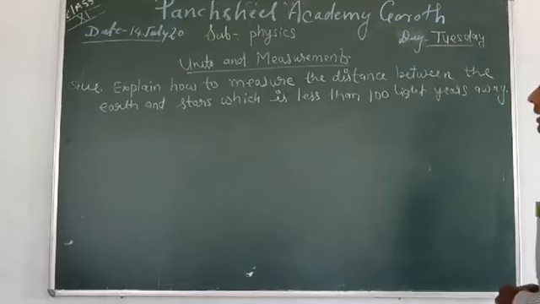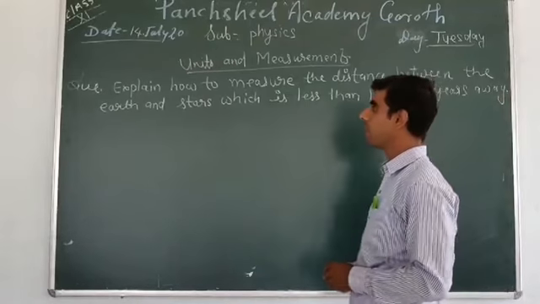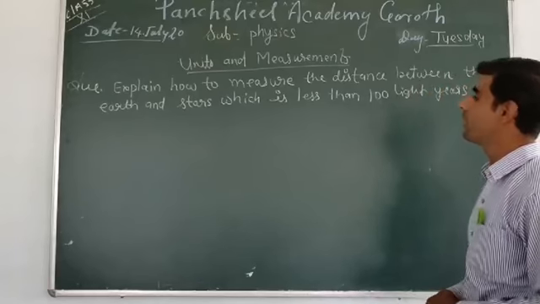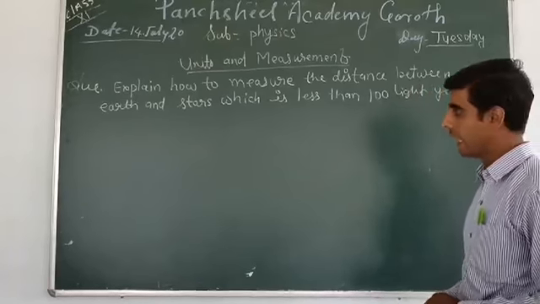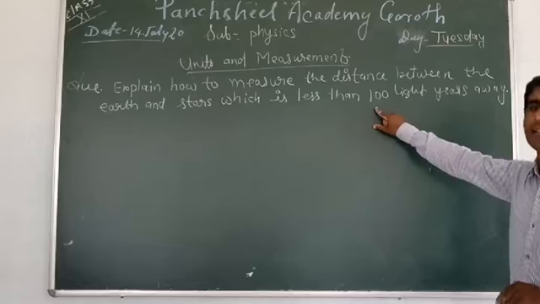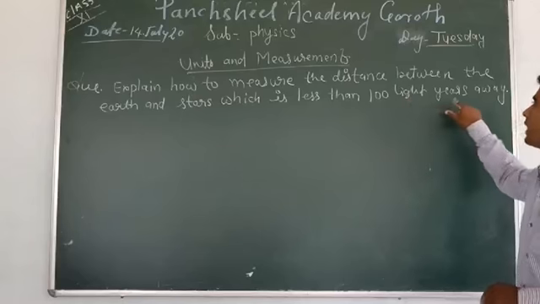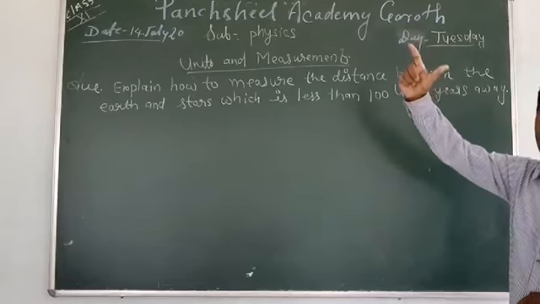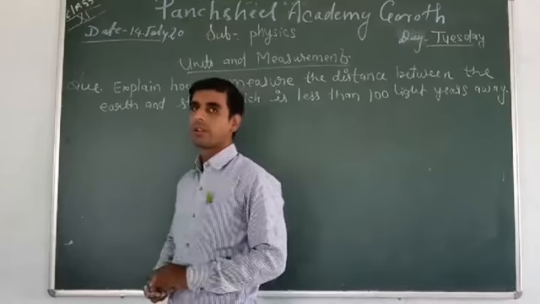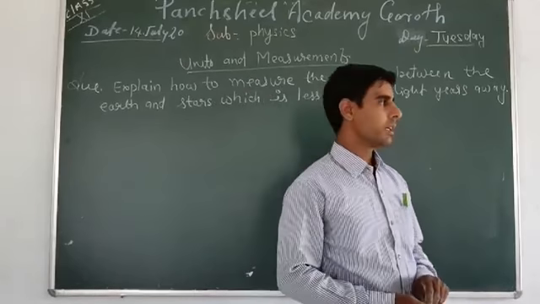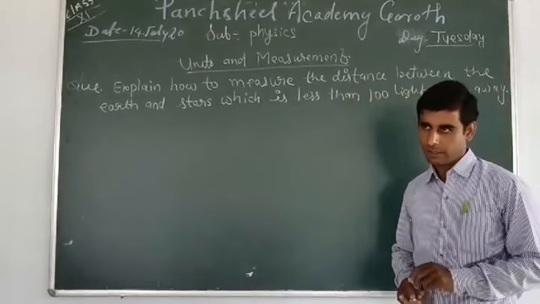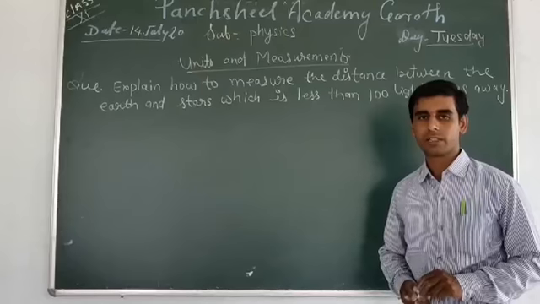This is the question: explain how to measure the distance between the earth and stars which is less than 100 light years away. In this question we will use the indirect method, that is the parallax method.